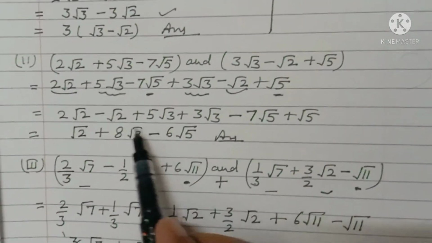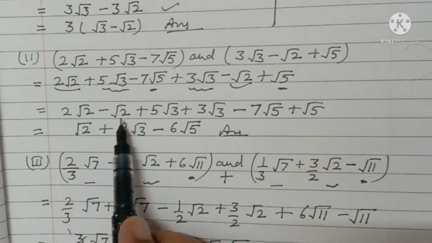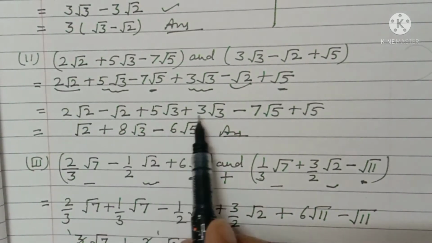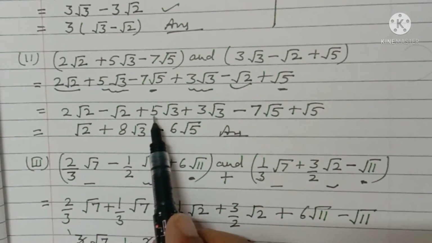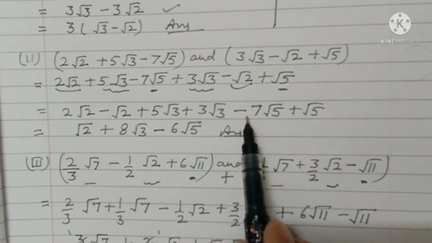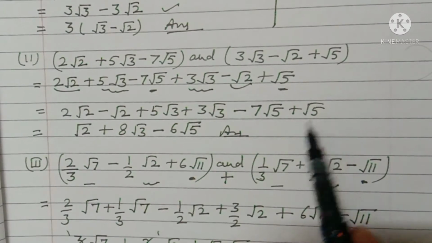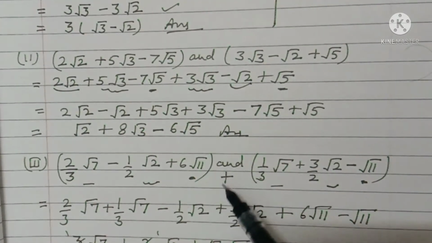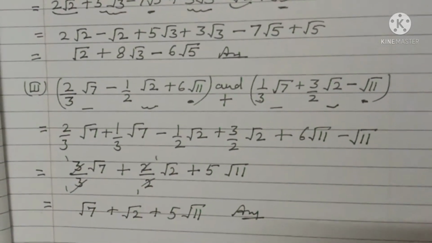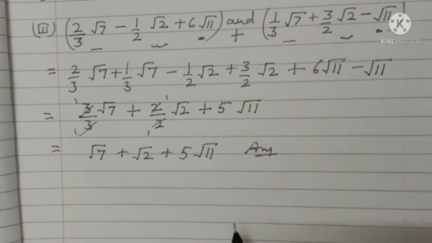Here also you can take under root 2 common, so you will get in the bracket 2 minus 1. Here under root 3 is common, 5 plus 3 in the bracket. Here under root 5 is common, minus 7 plus 1 in the bracket, and solve, you will get the same answer. So no need to get confused about how it is solved.